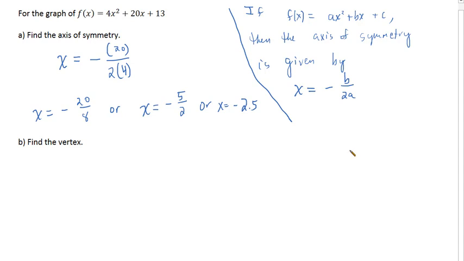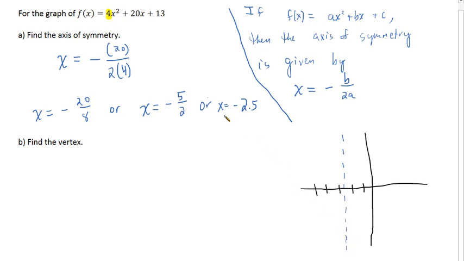Now remember, this means that I have a parabola that's opening up, since a is 4. I have a parabola opening up, and the axis of symmetry is at x equals negative 2.5. So if we're thinking graphically for a moment, x equals negative 2.5 is this line right here.